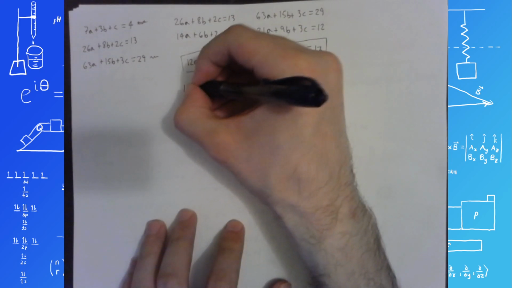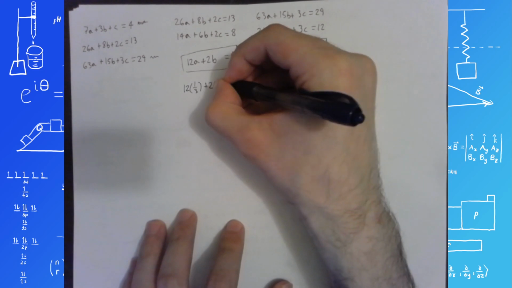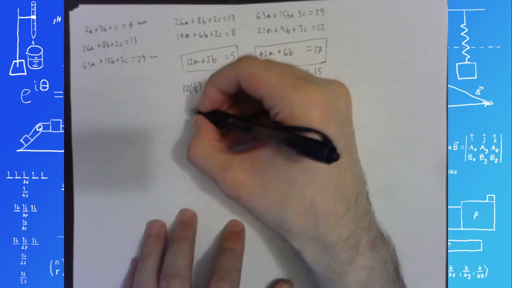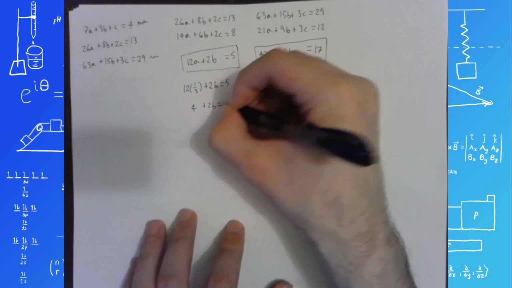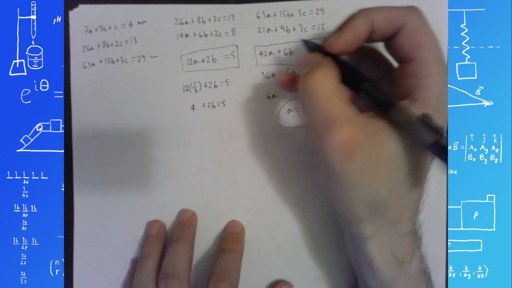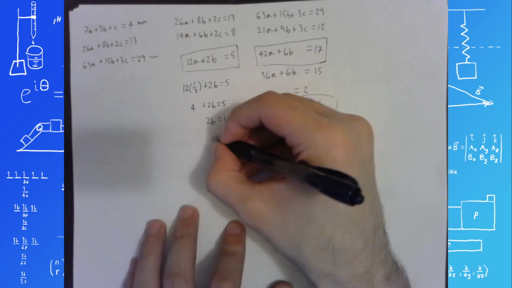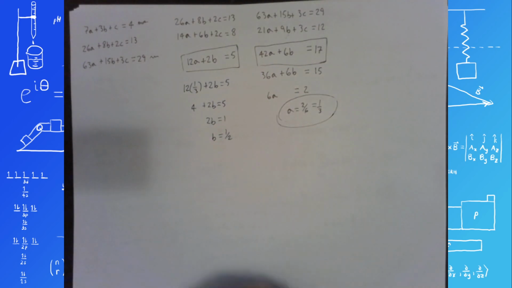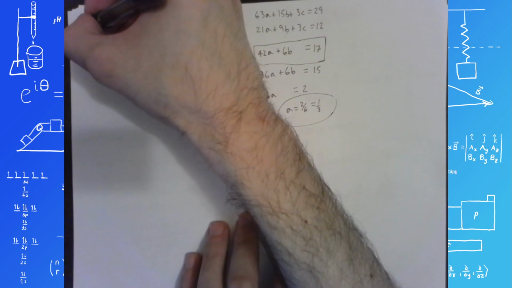So I'm going to get 12 times 1/3 plus 2b is equal to 5. 12 times 1/3 is 4 plus 2b equals 5. Subtract 4 on both sides. 2b equals 1. Divide by 2, b equals 1/2. Okay, so that's our second value. Now plug into, I guess I'll plug it into here.